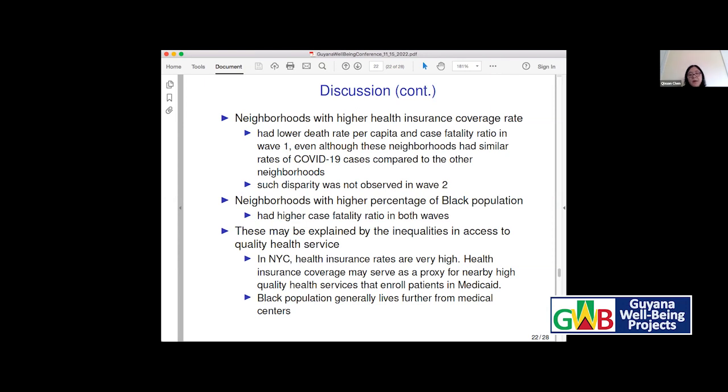We think this can be explained by inequality in access to quality health services, because in New York City, health insurance rates are very high. So health insurance coverage may serve as a proxy for nearby high quality health services that enroll patients in Medicaid. This was seen in other studies like diabetes. The Black population also generally lives further from medical centers.